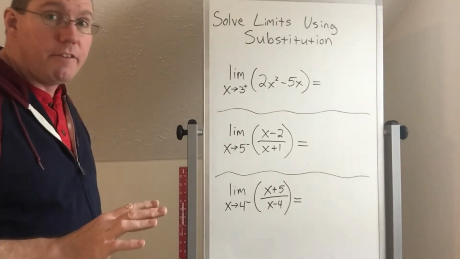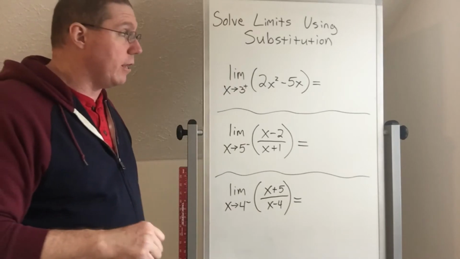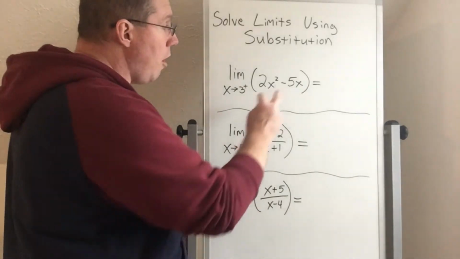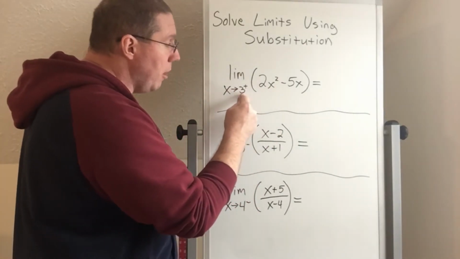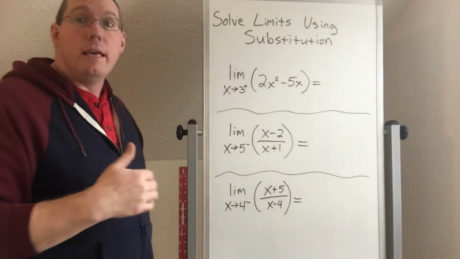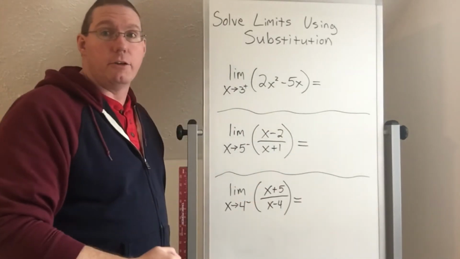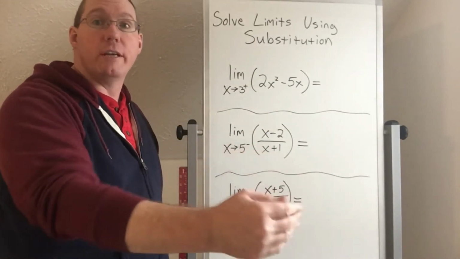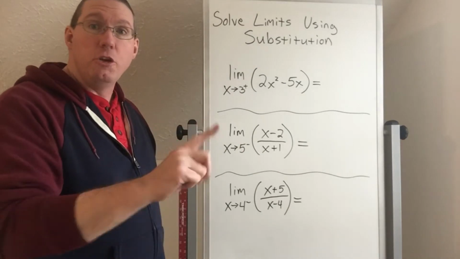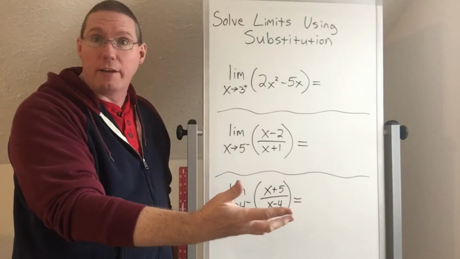Now, you're not going to believe me, but you probably have thought of this already while watching all these videos. Basically, the way that you solve these is by simply plugging your number in for x, okay? Because in most cases, as x is approaching an x value, y is approaching the same value that you would get if you just plugged the x value in for x and got a y value, okay?